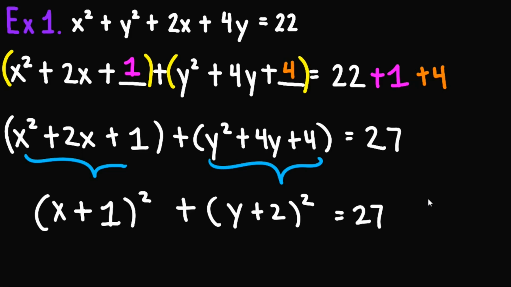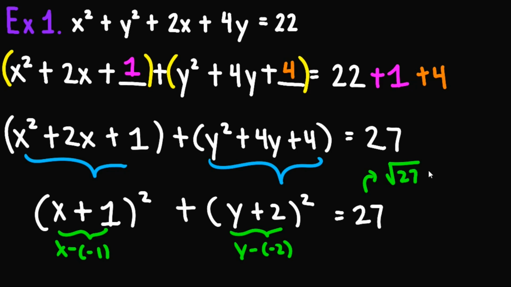But take note that if we want to get the center and the radius, just take note that this one is equal to x minus negative 1, and this is equal to y minus negative 2. While in here, if we get the square root of this one, it's equal to the square root of 9 times 3, or equal to 3 square root of 3. And so the center, where do we put this?